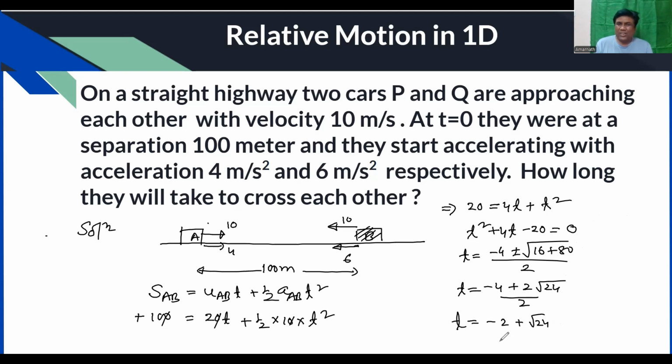So it is also nearly 5 only, you can say. So t equal to minus 2 plus 5. Nearly. In many JEE questions we can take it like this, depending upon the situation. Nearly it will be 3 seconds only.